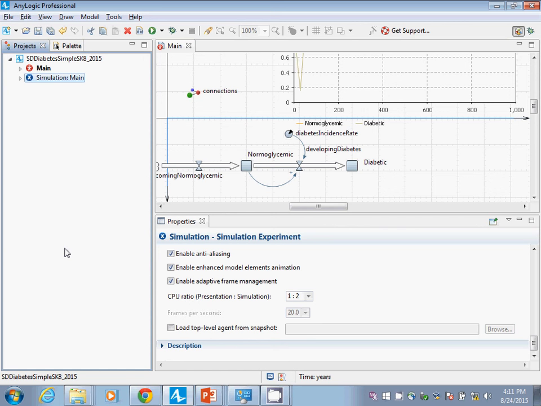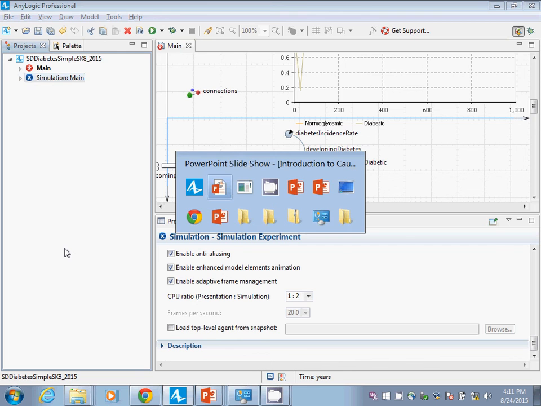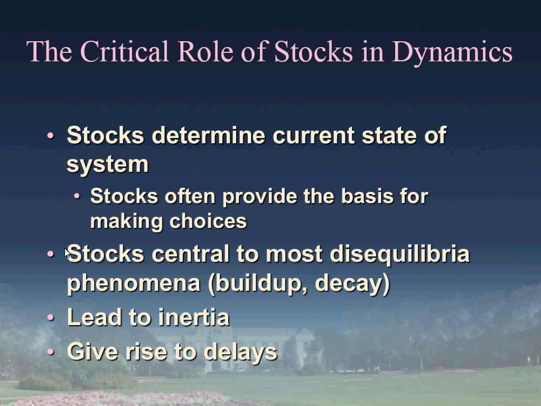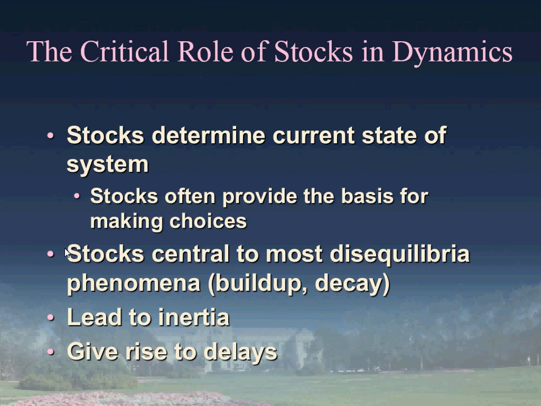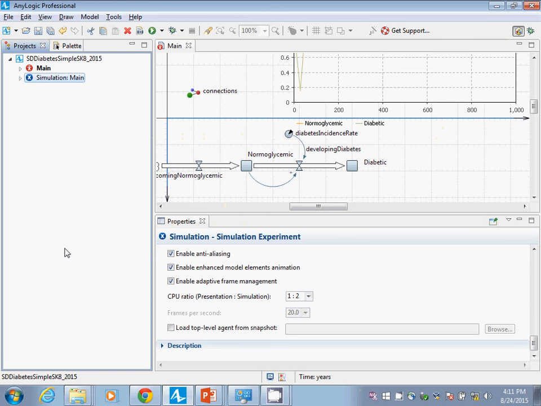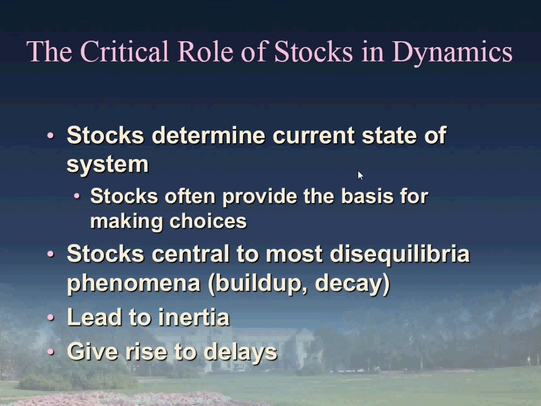Okay, folks, we're going to finish this up, but I want to deal with this buzzing, blooming confusion. So, stocks here are the state of the system. The number of people who are currently normal glycemic, the number of people who are currently diabetic. That's the current state of the system.